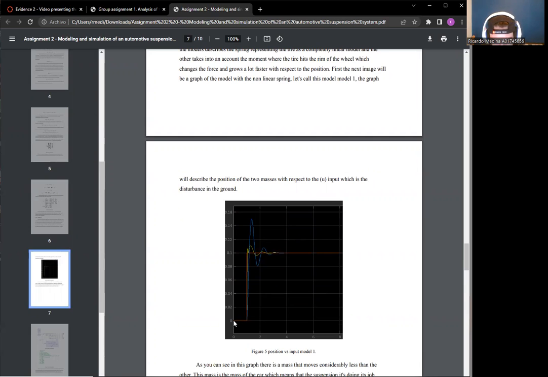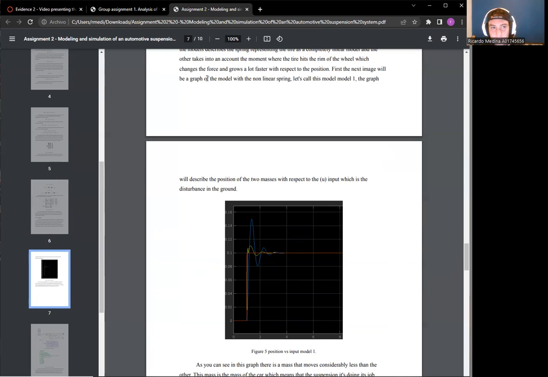The road is the red line, which is basically a bump. The yellow line is the unsprung mass, which closely resembles the movement of the road, so it doesn't differ as much as the blue line. The blue line is the mass of the car, which oscillates higher and lower than the yellow line. And that's basically it for our simulation.